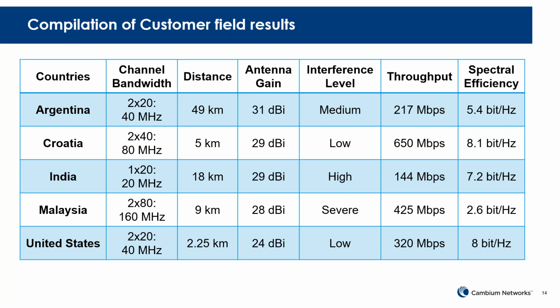At 18 kilometers, running a single 20 megahertz channel, it's 144 megabits, which is 7.2 bits per hertz per second. And then with the 2 by 80 in Malaysia, it's also very bad interference. We managed to use 2 by 80 megahertz channels and get 400 megabits throughput. So it's just a recap of the use cases we have deployed.